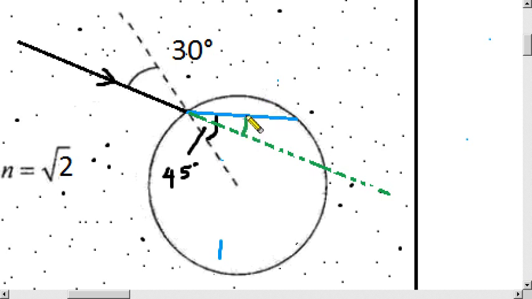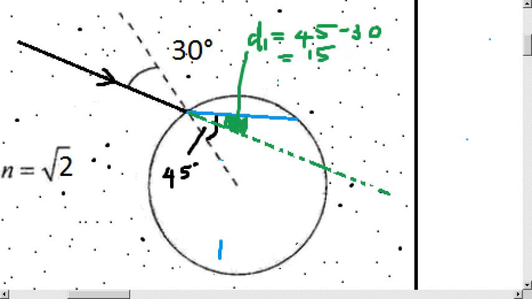The deviation angle is this one, 45 minus 30. So we get d1 equals 45 minus 30, that means 15.